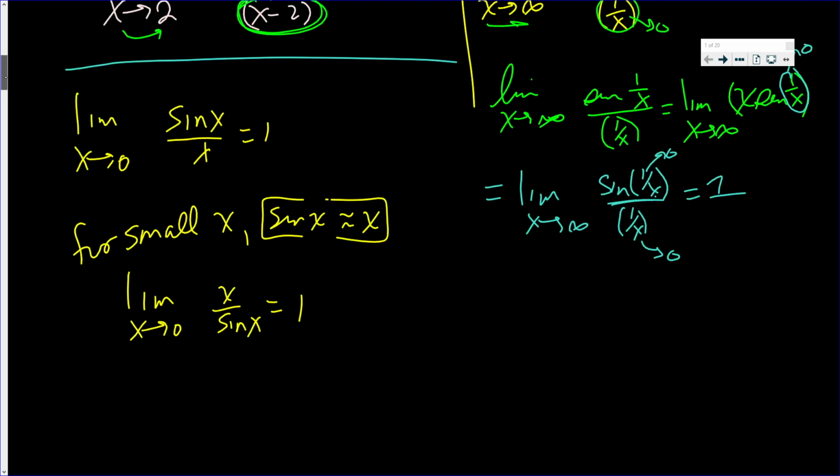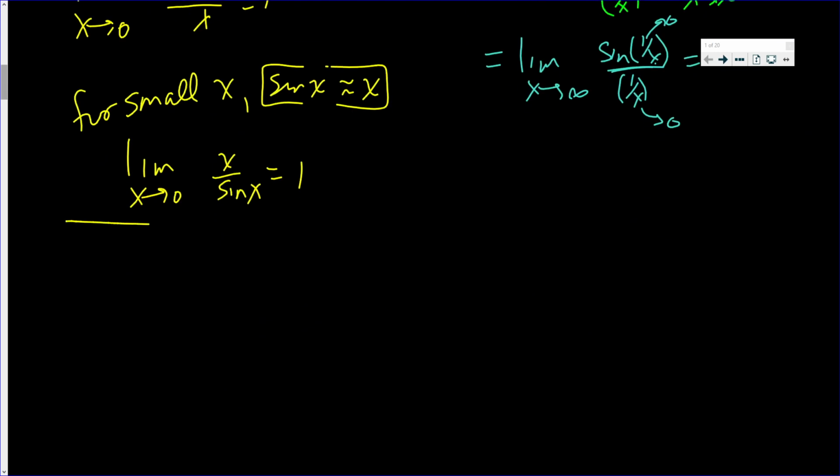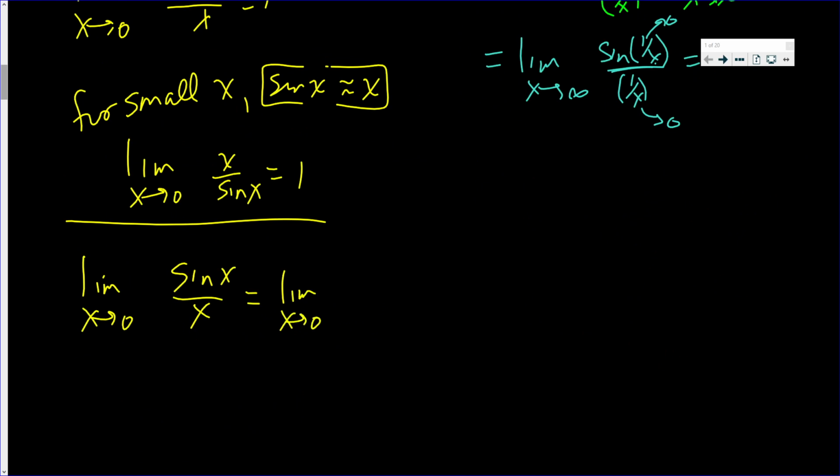You can prove it more rigorously: the limit as x goes to 0 of sine x over x is equal to the limit as x goes to 0 of sine x over x to the first. But this is the limit as x goes to 0 of... oh, excuse me.